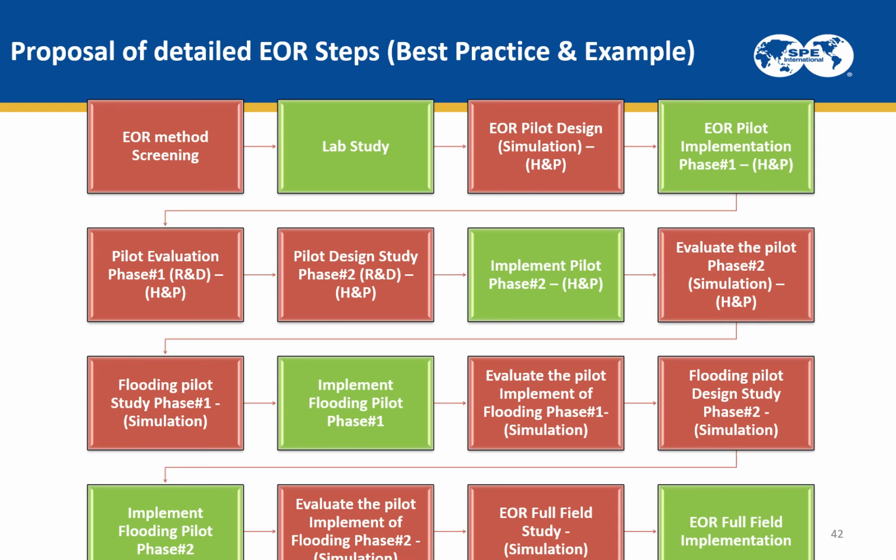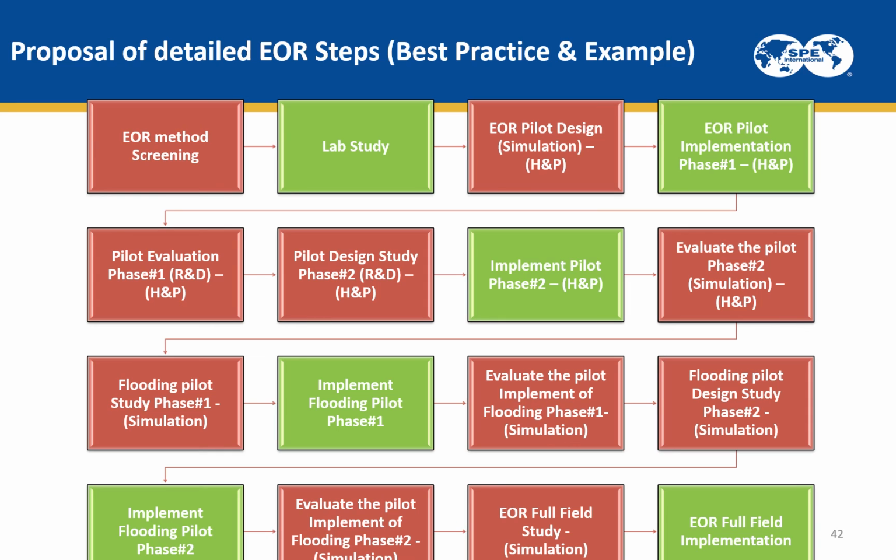After this evaluation of the second phase of huff and puff, then we can go for patterns and flooding: designing, implementation, evaluation, and then a second phase of flooding, designing, implementation, and evaluation, and finally we can go for full field implementation. These 16 steps are very important, and they can help to give an indicator of success or failure at an early stage.